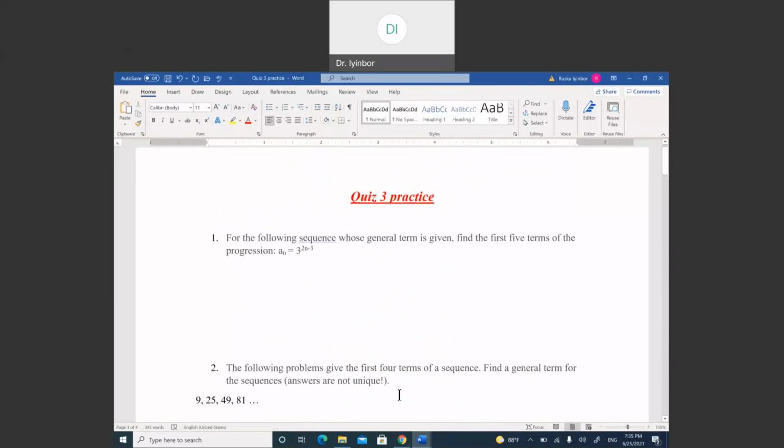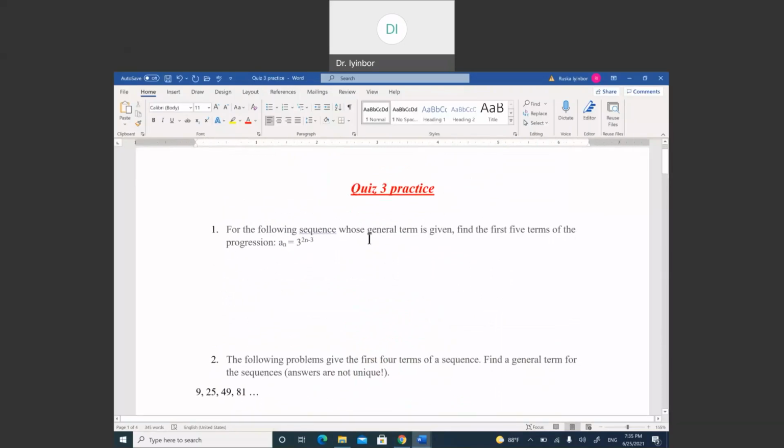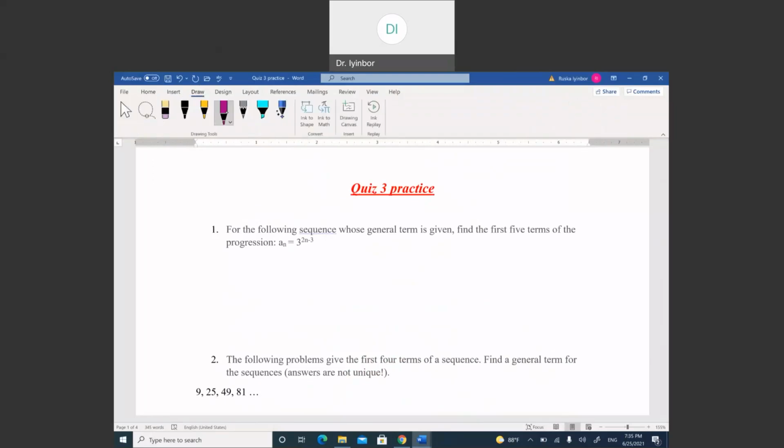In number 1, for the following sequence whose general term is given, we have to find the first 5 terms. So here we have to find the first 5 terms, and this is the general term. Usually for questions like this is how I'm showing you my work.